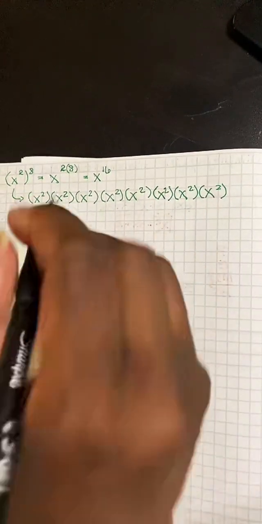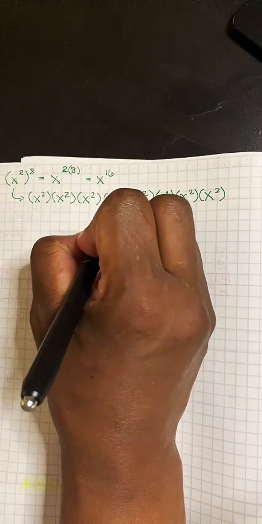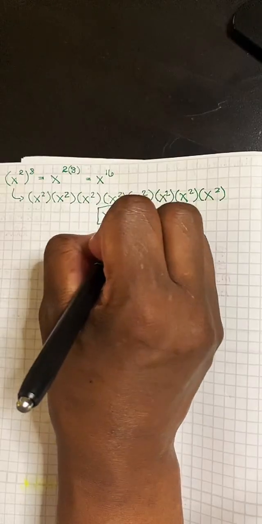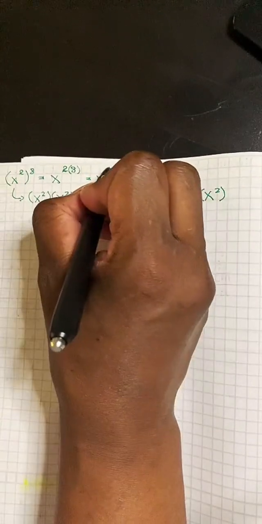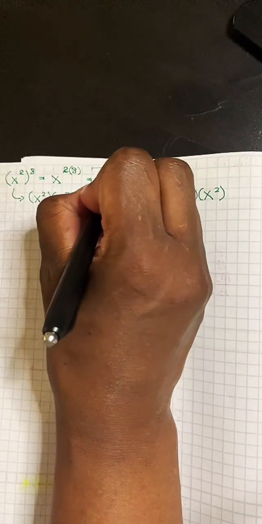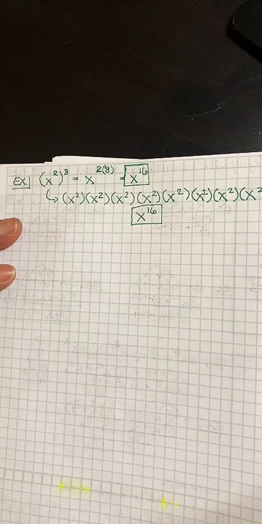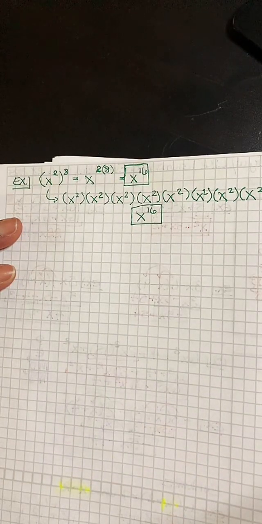Okay. So this gives us x to the 16. If you notice, we got the same answer when we just multiplied our exponents. Okay? All right, so we're just breaking it on down.